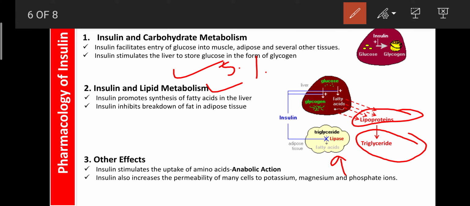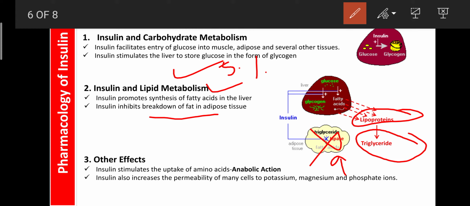So dear students, insulin can also inhibit the breakdown of fat in the adipose tissues. Okay, it inhibits the breakdown of triglycerides into fatty acids.